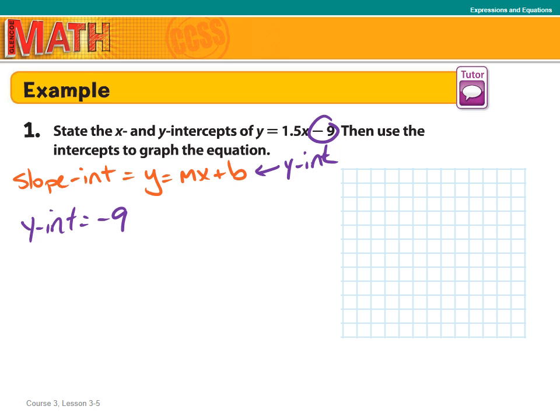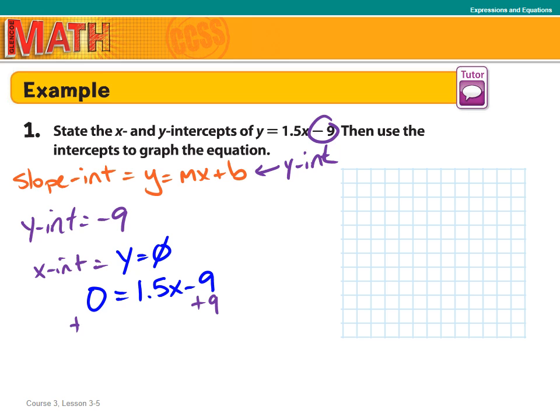To find my x-intercept, we are going to change y to equal 0 in our equation. So 0 is equal to 1.5x minus 9. Now we're going to solve for x.